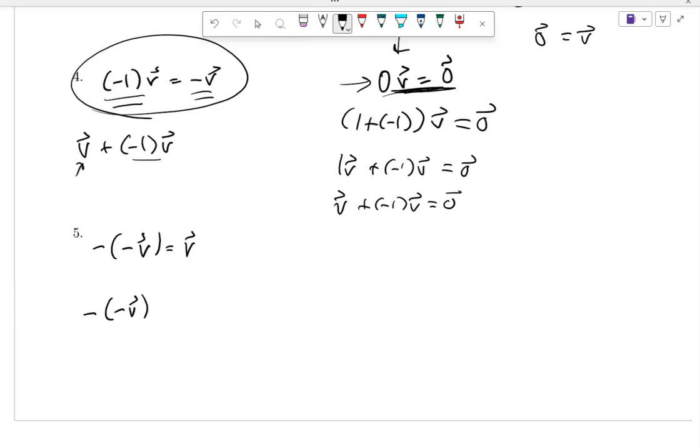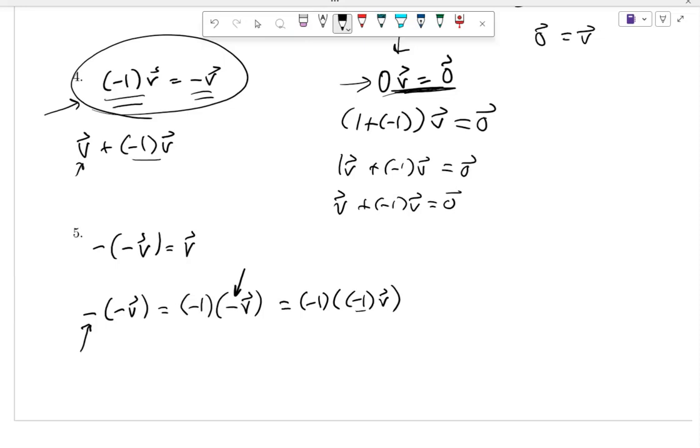From what we proved up here, what I've got circled, I can do that twice. How can I rewrite that negative out in front, using this property that's circled up here above it? A negative 1 times negative v, right? How can you rewrite that negative? Yep. Right, now I've got negative 1 times negative 1.